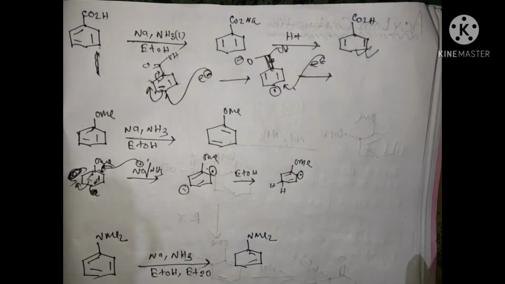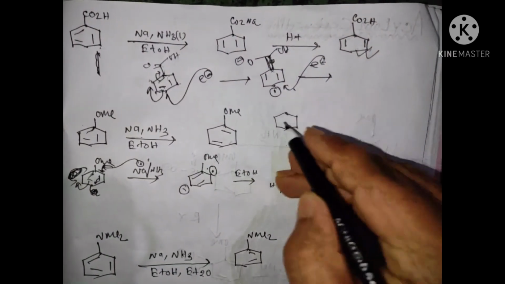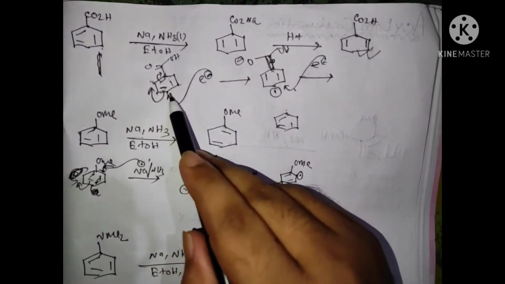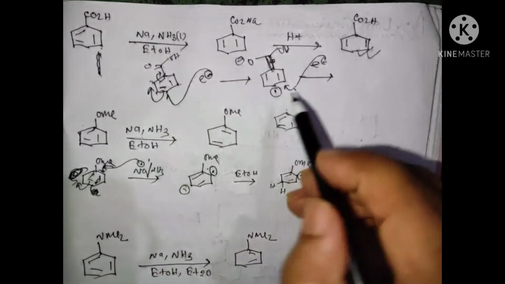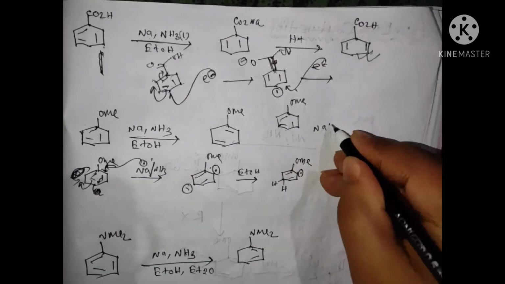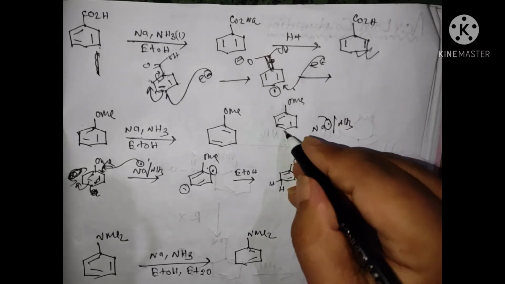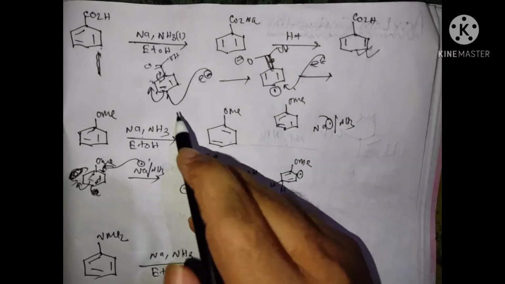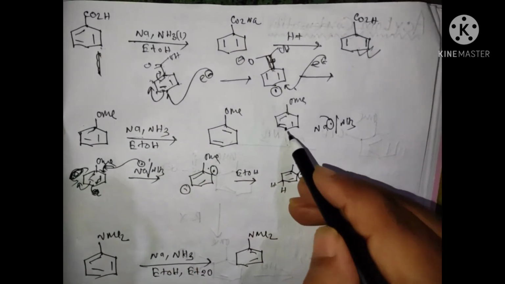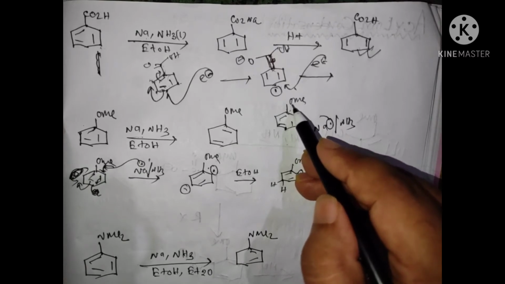So if we use an electron donating group instead of an electron withdrawing group, for example OMe with sodium in liquid ammonia, it does not attack that carbon. In the previous case it attacked that carbon, but here it does not, because the anion formed there is not stable, as an electron donating group is present.